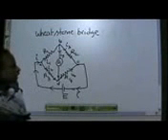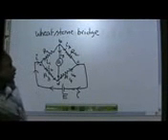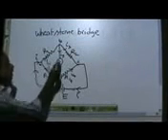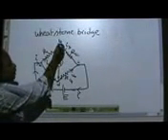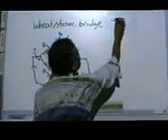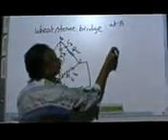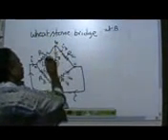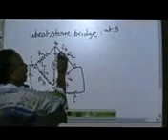Now, let us analyze the circuit by applying the junction rule at the points B and D. So at B, if you apply the junction rule, there is one incoming current I1 and there are 2 outgoing currents Ig and I2.